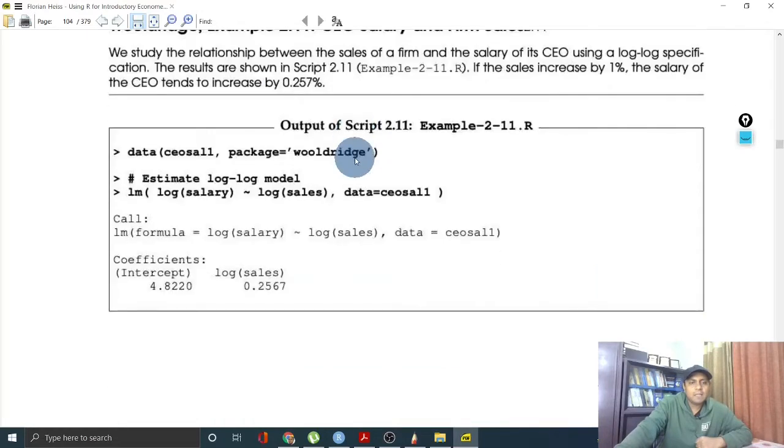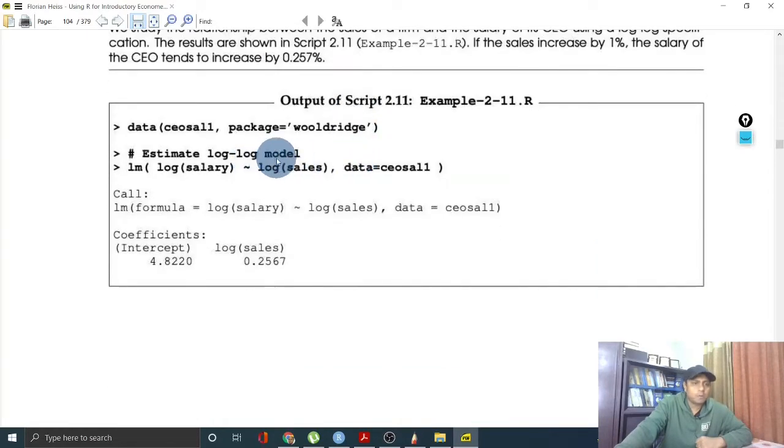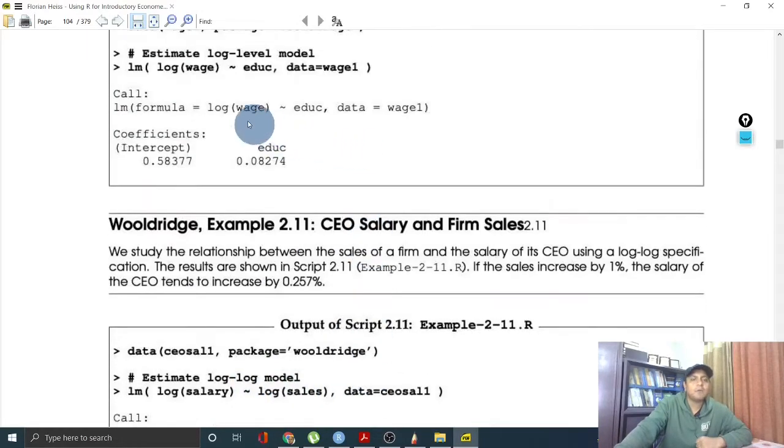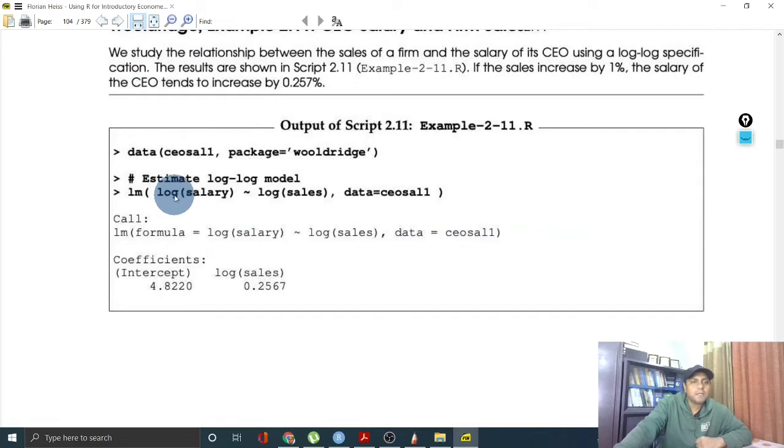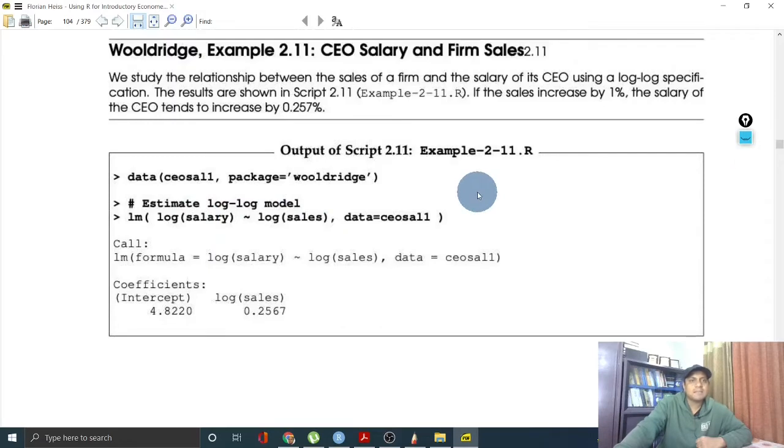And then we also use the log model. In the previous one we used a semi-log model where we use log only before the dependent variable. However, here we are using log on both variables. So this is a log-log model, and since we are expecting that this is a completely non-linear relationship, we use a full log model so that you can convert your non-linear function to a linear function.